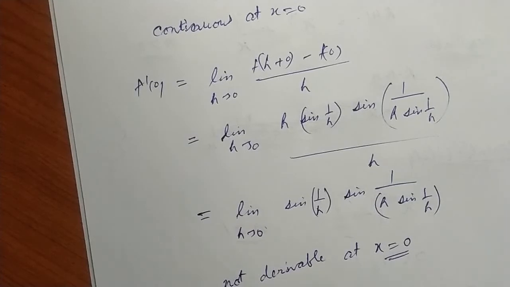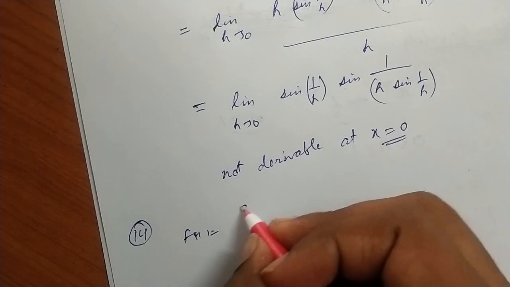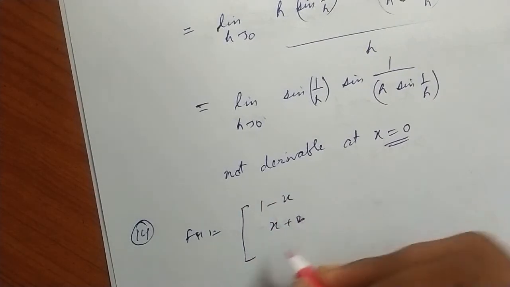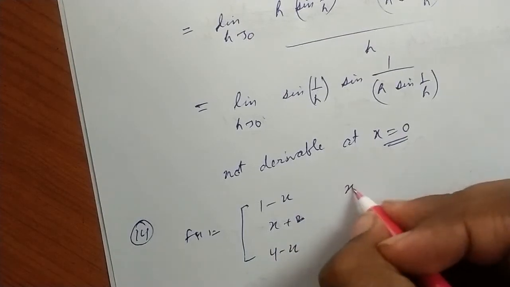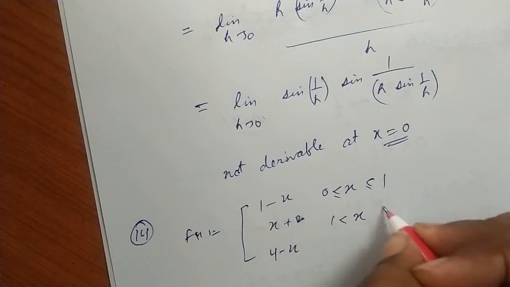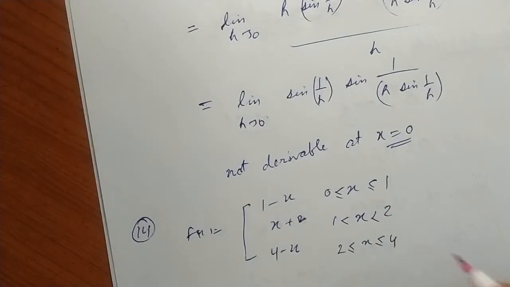Moving to question number 14. So f of x is equal to 1 minus x, x plus 2, and 4 minus x when x is between 0 to 1, x is between 1 to 2, and x is between 2 to 4.